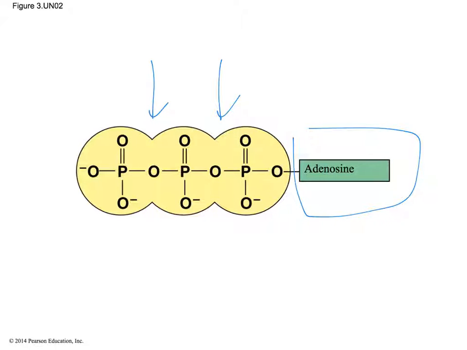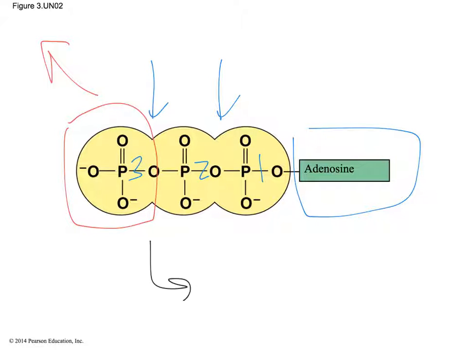They are high energy bonds, especially the one that goes from the number 2 phosphate to the number 3 phosphate. And when your cells break down ATP, it takes this phosphate off, and when it does, it releases energy. This is a high energy bond.